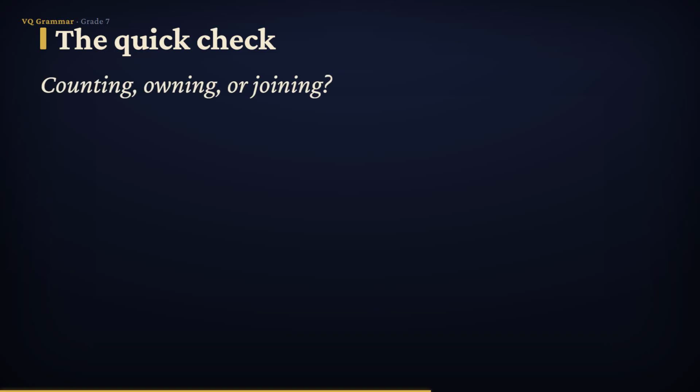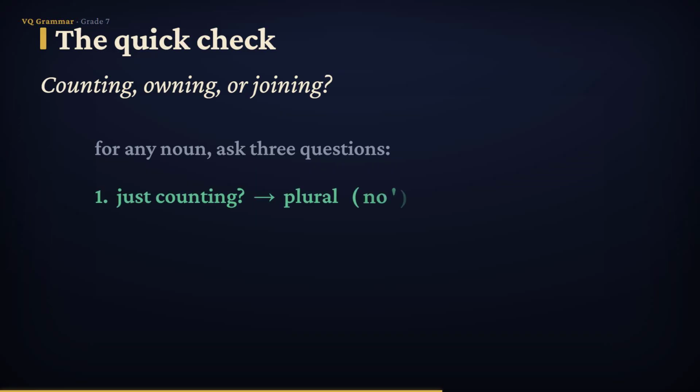Let's turn all of this into a quick check you can run on any noun. Ask 3 questions. 1. Am I just counting? Do I only mean more than one? Then it's a plain plural, and I use no apostrophe. 2. Does something belong to it?